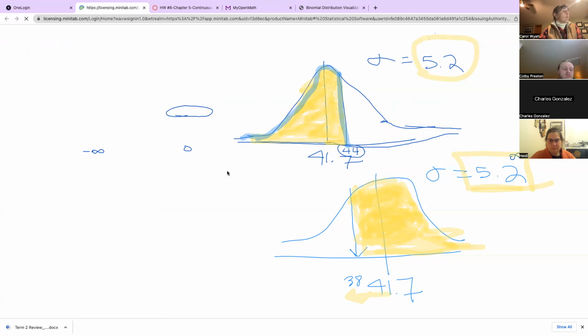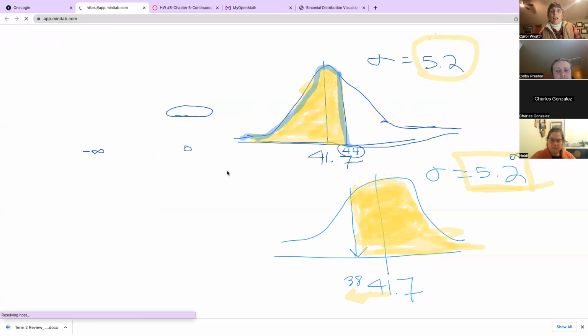If I'm going to my calculator, I hit distribution, my lower limit's 38. My upper limit is like one with a whole bunch of numbers. So like 1,000,000, 100,000, just 1,000,000. And then I put in the same mean and the same standard deviation.